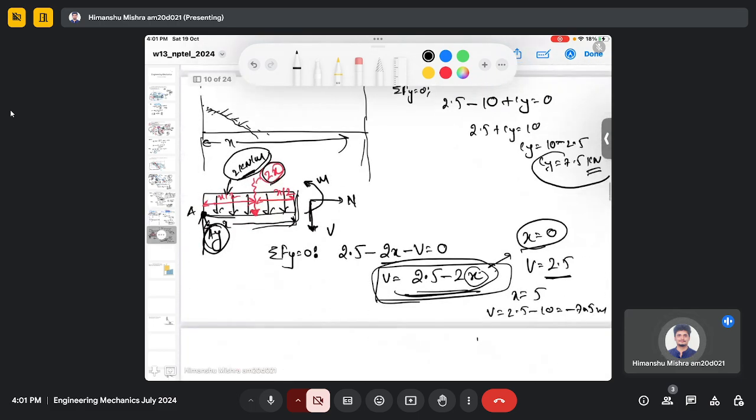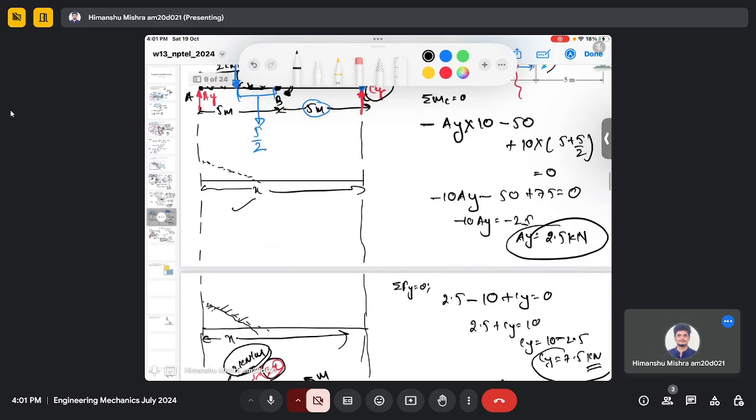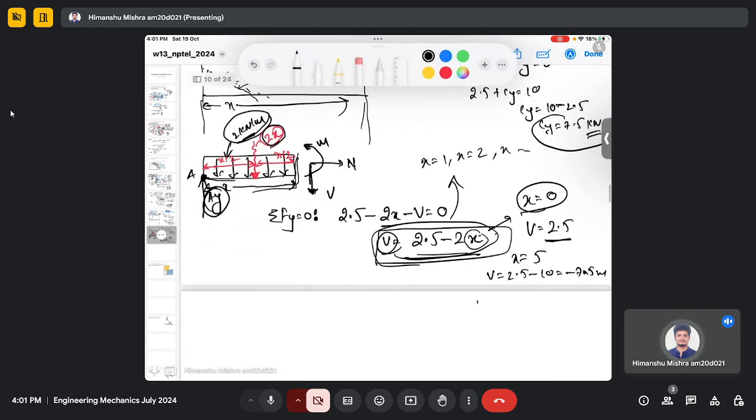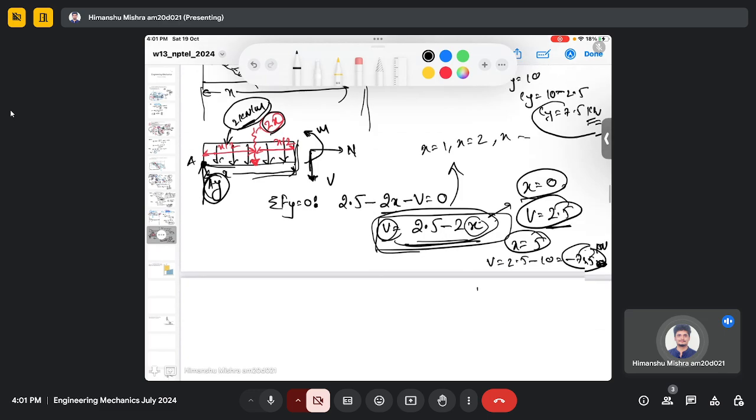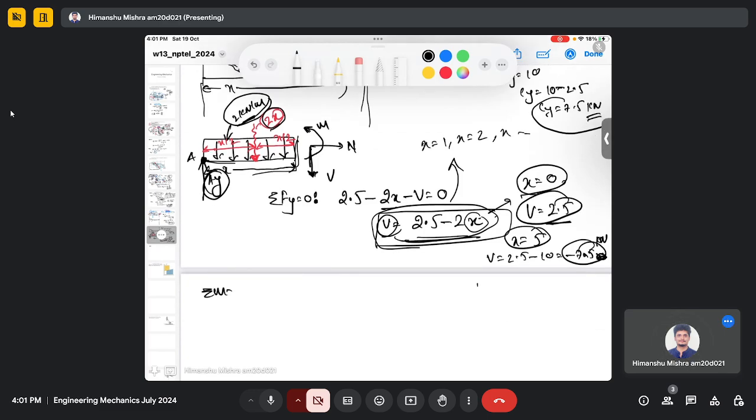Then you can choose any x between 1 and 5, x equal 1, x equal 2, x equal 3, and keep calculating the shear force, draw the points, and plot. So at x equals 0, V is 2.5, and at x equals 5, V is minus 7.5 kilonewton.